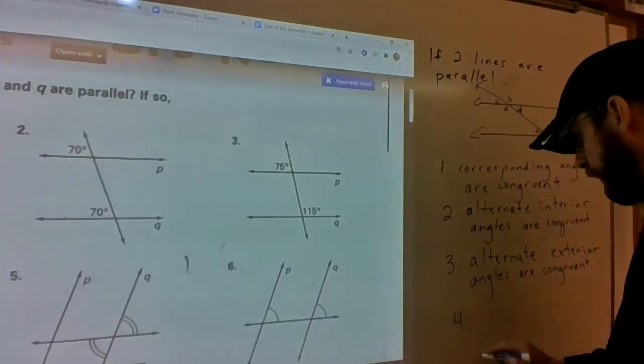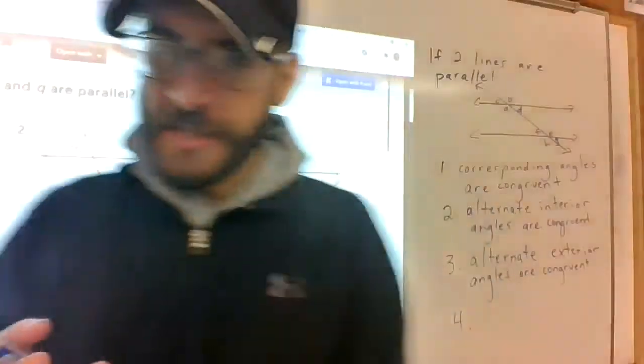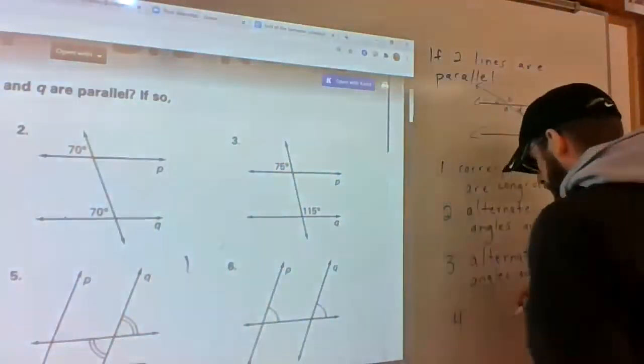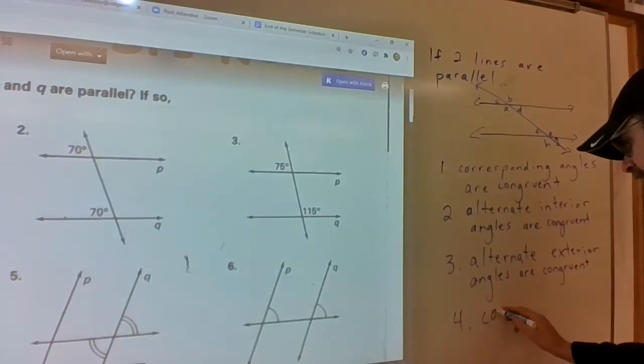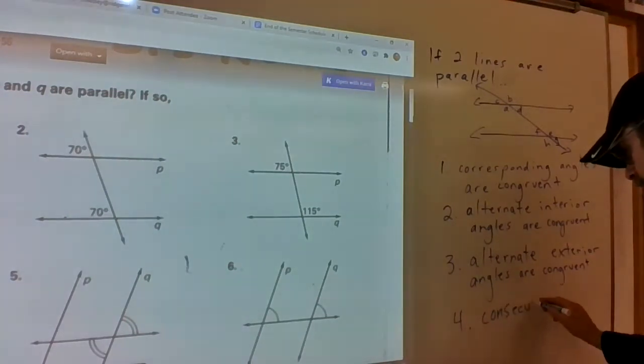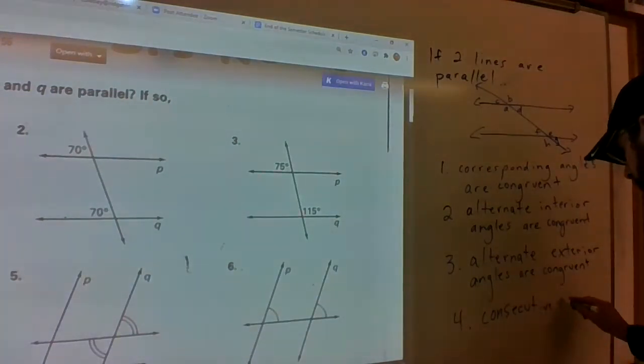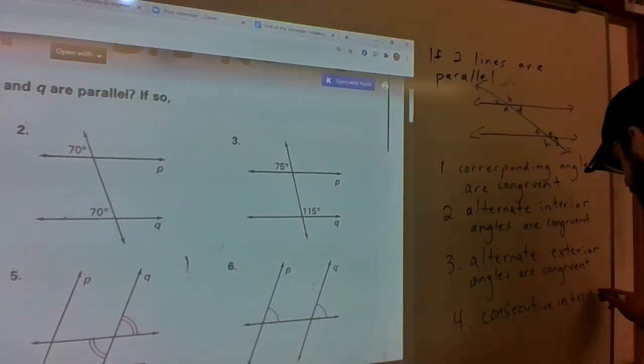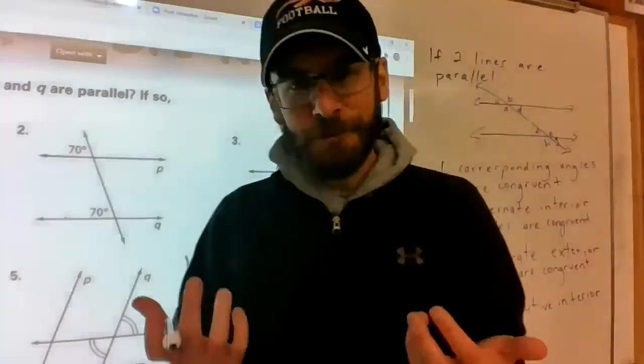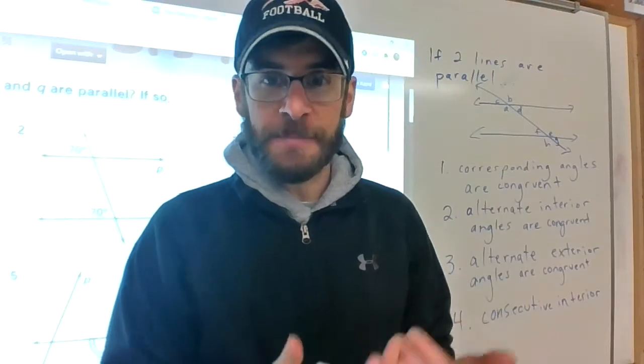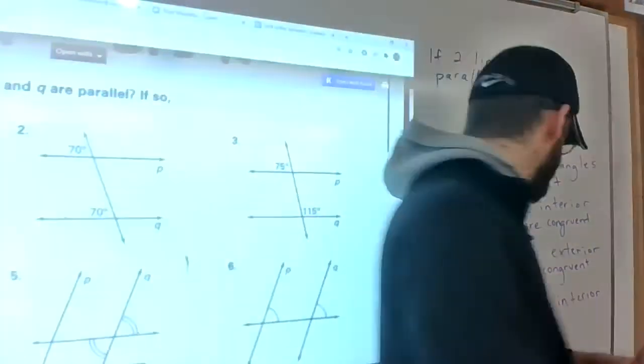All right, and then the last one. So can you see it on the screen? You sure can. We call these consecutive interior angles. By the way, another name for consecutive interior angles are same side interior angles.